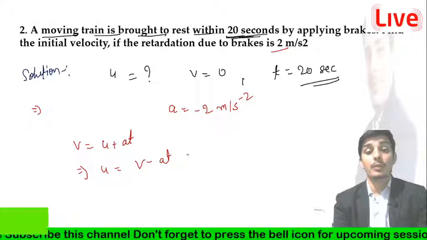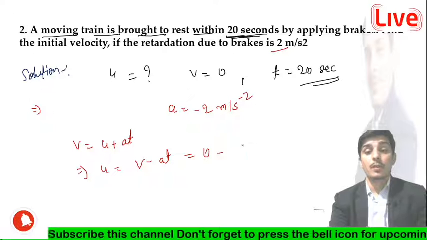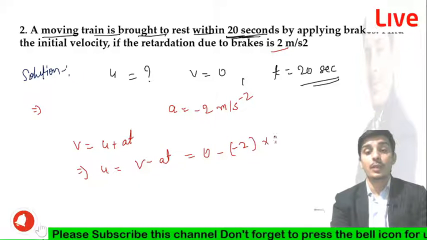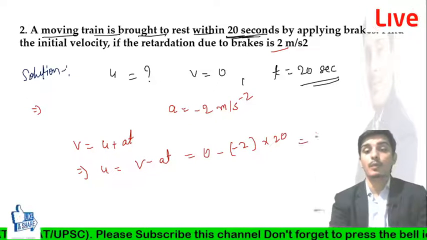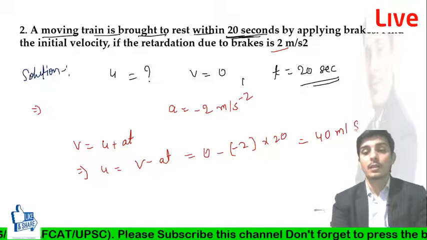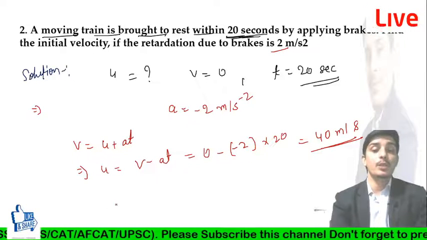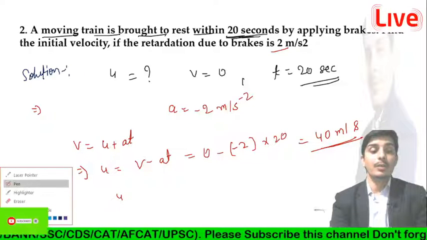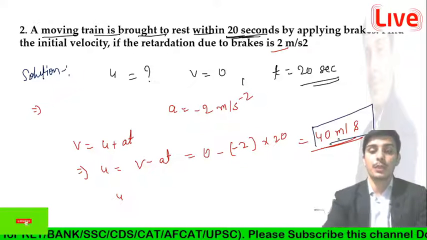Now put the values: v is 0, a is minus 2 and t is 20. After multiplying it will be 40 meter per second. So its initial velocity will be 40 meter per second. That is the correct answer for this question.